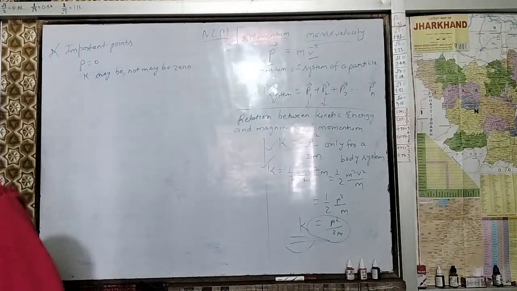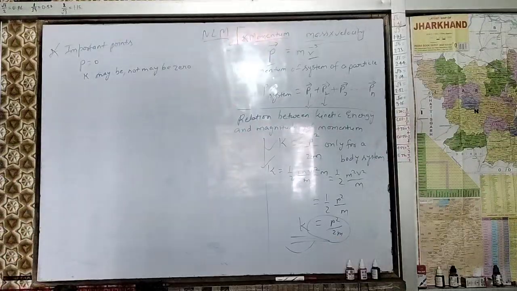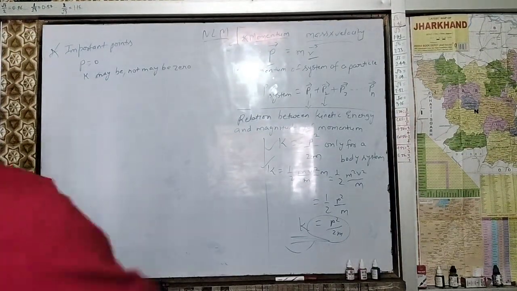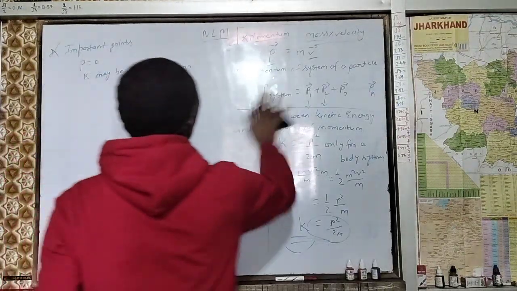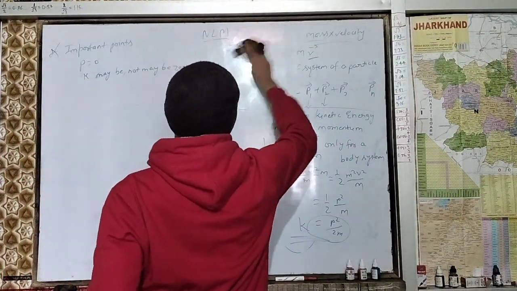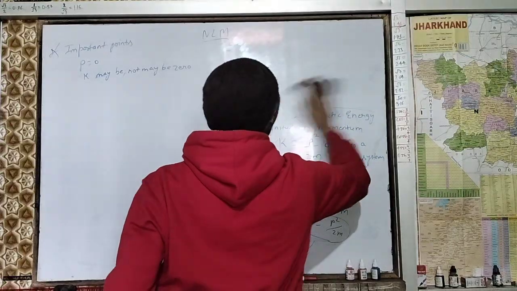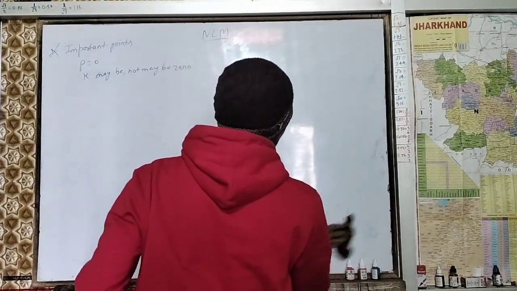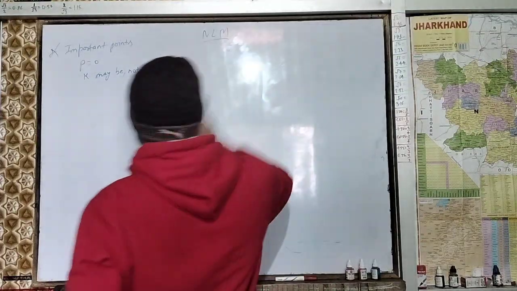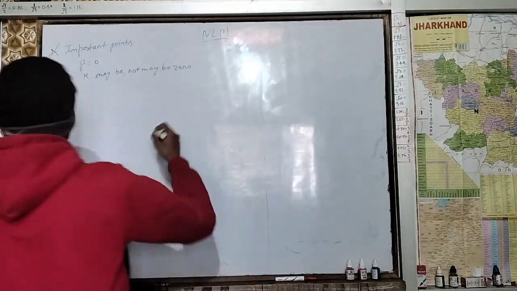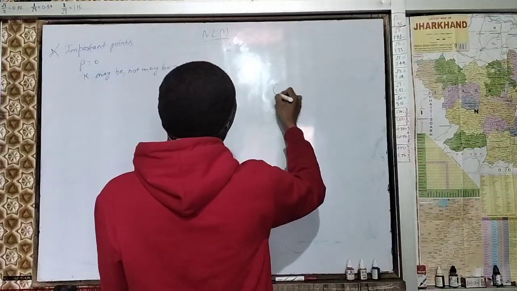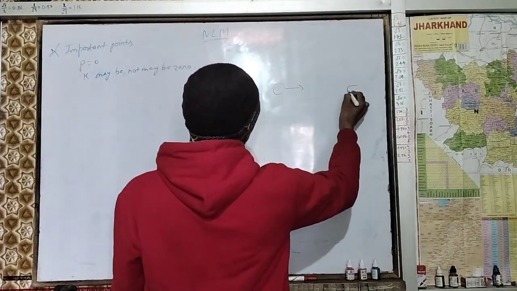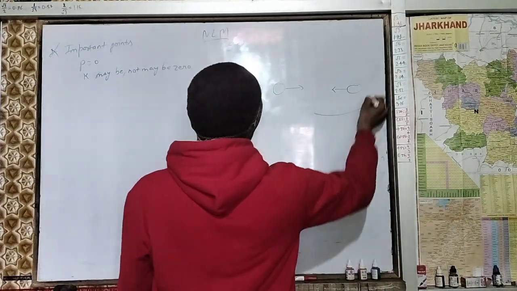For example, let's understand it by a figure. In this figure, this is one particle and this is another particle in a body.